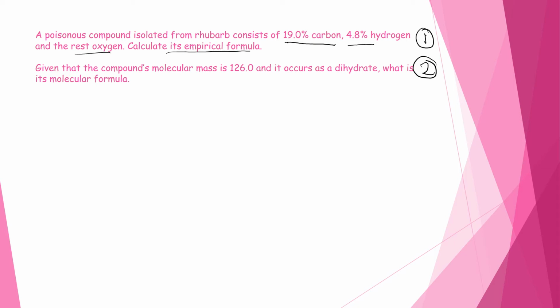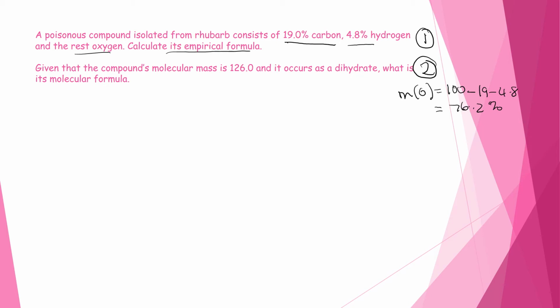So let's try and set this problem up. For a start, we don't know how much oxygen is present. So off to the side here, the mass of oxygen is going to equal 100, because it's a percentage, so it's out of 100 minus 19 minus 4.8. This will come out to 76.2%, or grams out of 100.